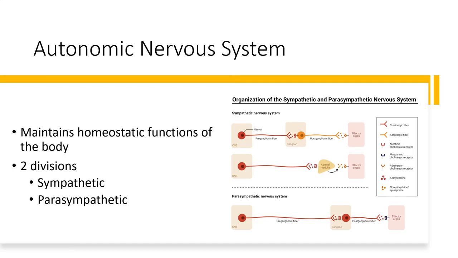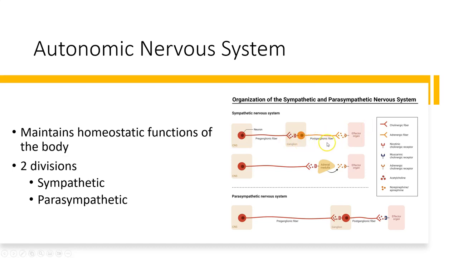While both systems primarily function through a two-fiber system, where a preganglionic neuron signals to a ganglion, continuing that impulse through a postganglionic fiber which signals the effector organ. Preganglionic fibers for both the sympathetic and parasympathetic nervous system are cholinergic fibers that release acetylcholine at the synapse with the ganglion.